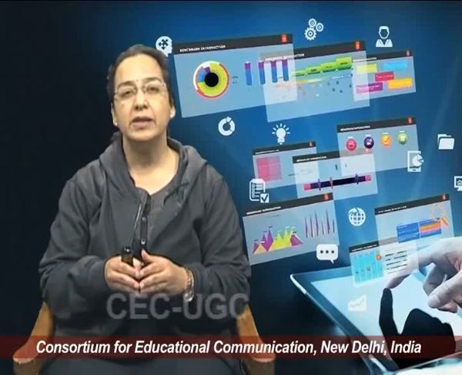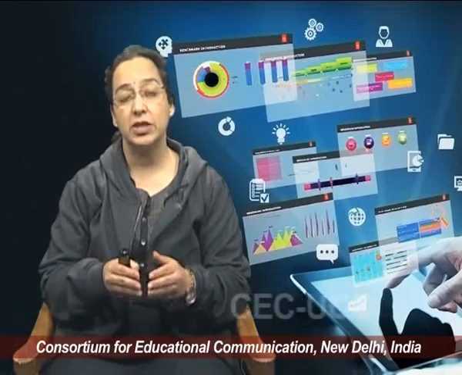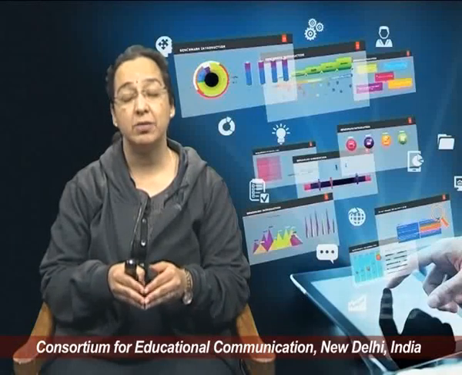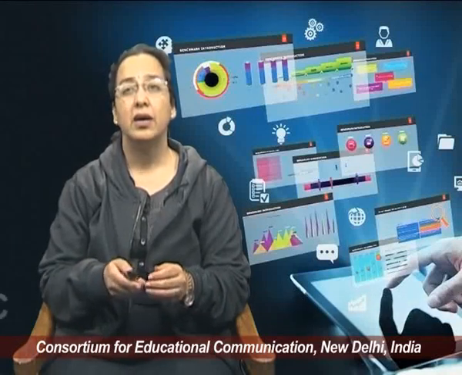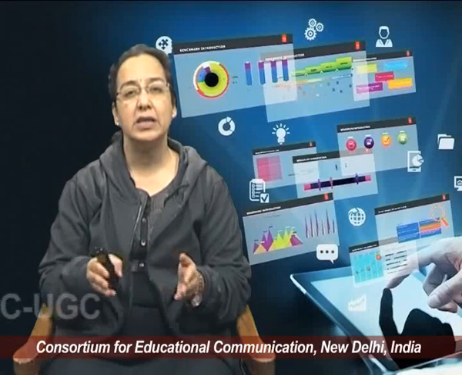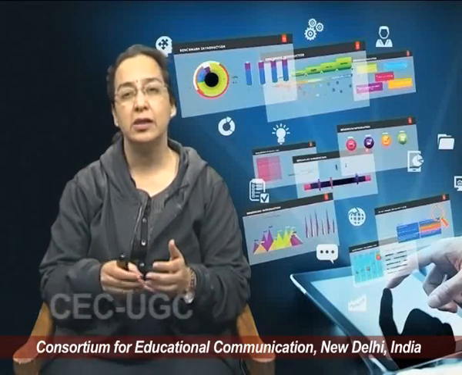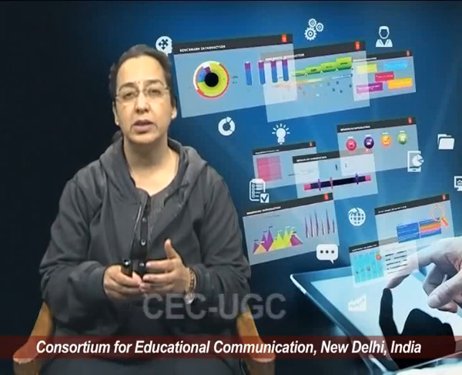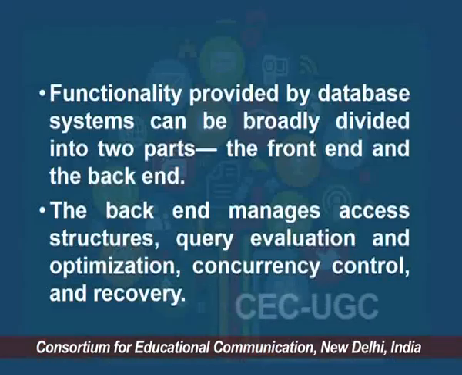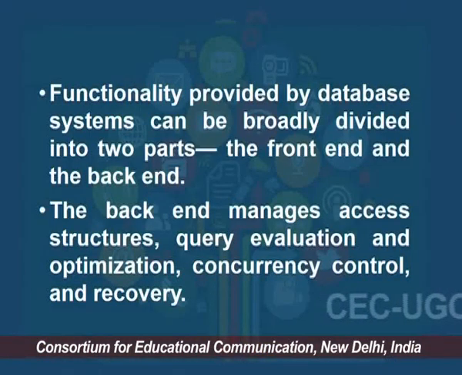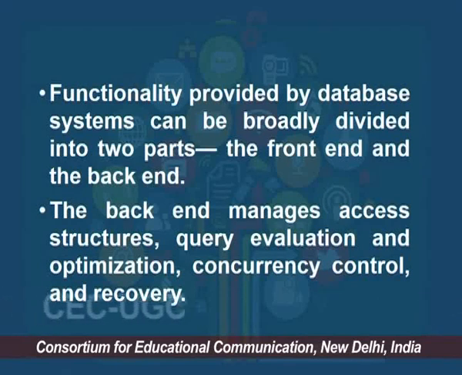Now the functionality provided by these types of database systems can be broadly categorized into two categories: front end functionality and back end functionality.